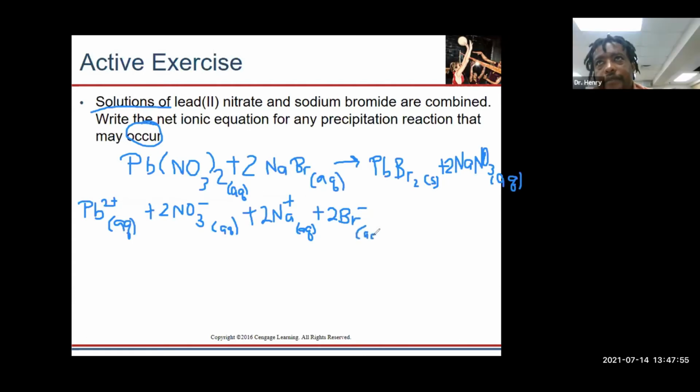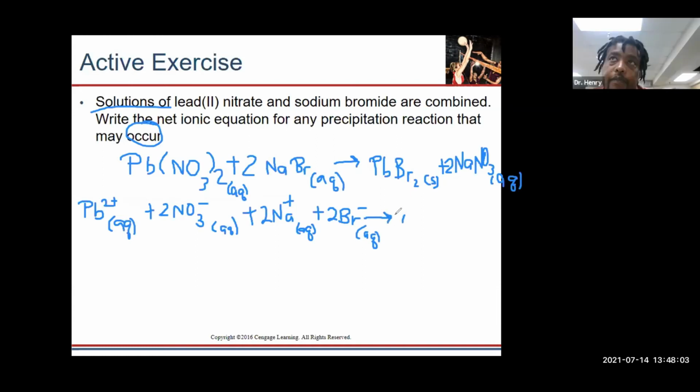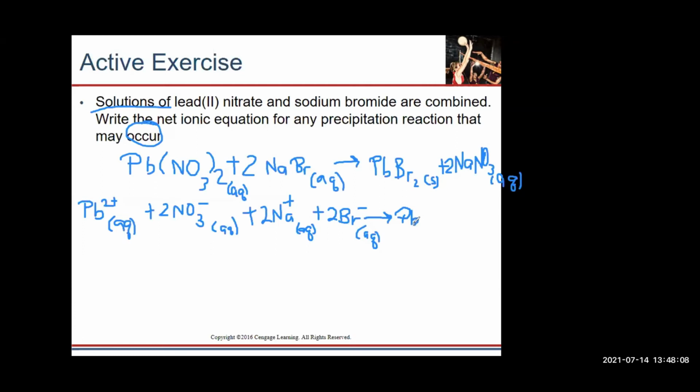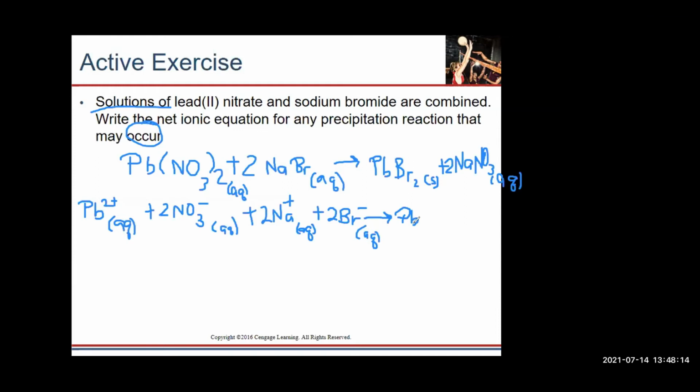On the product side, PbBr2 solid. What is the rule about solids, liquids, and gases? You leave them alone. They stay the same. That's right.